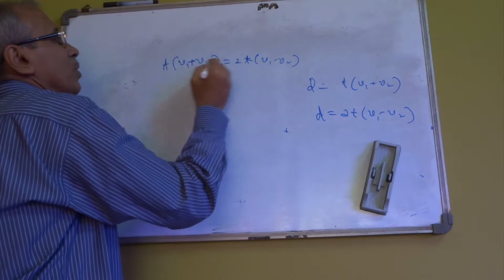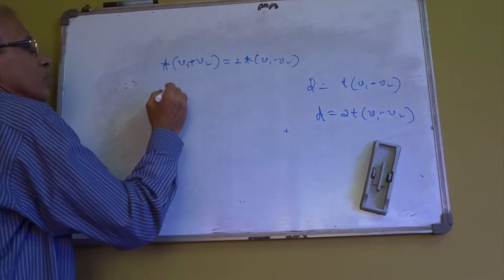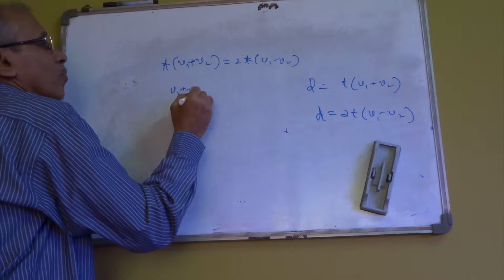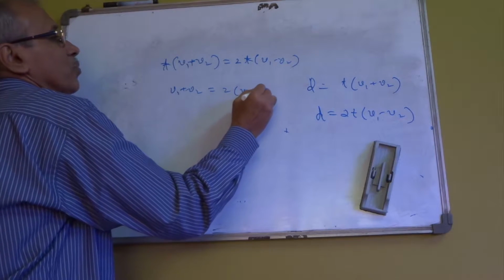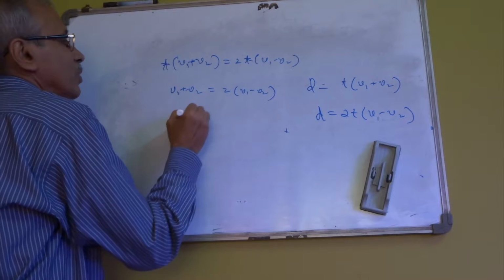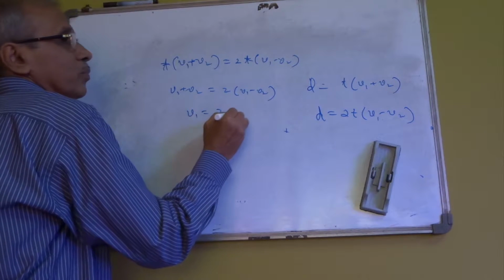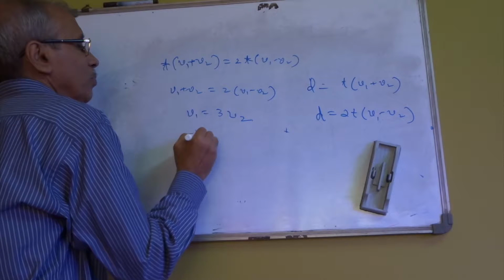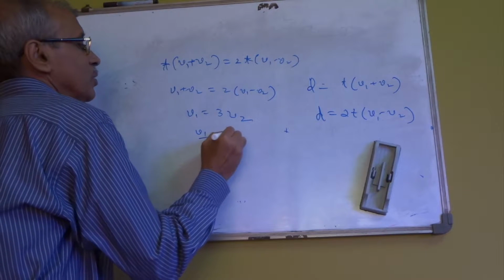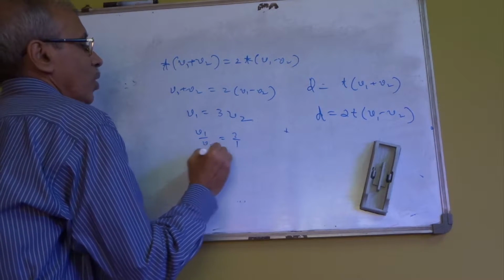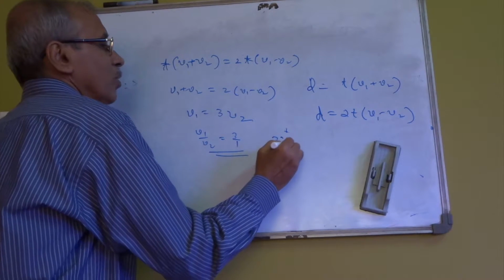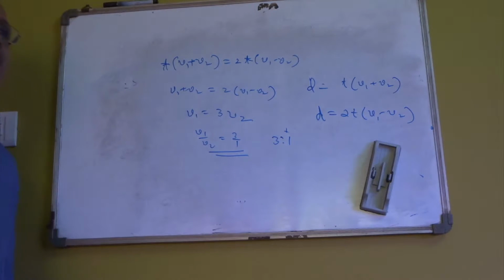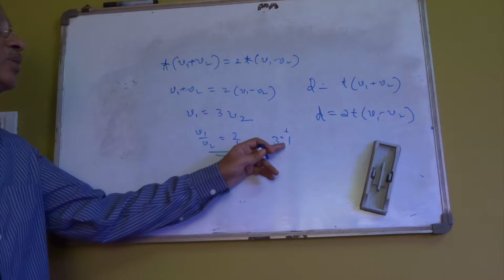Now t is common, eliminate. So v1 plus v2 is equal to 2 into v1 minus v2, or v1 is equal to 3 v2. v1 by v2 is 3 by 1, so the ratio is 3 is to 1. If the boat speed is 3, the speed of the stream is 1. If the boat speed is 6, the stream is 2.